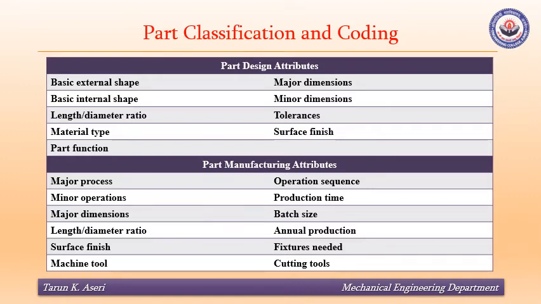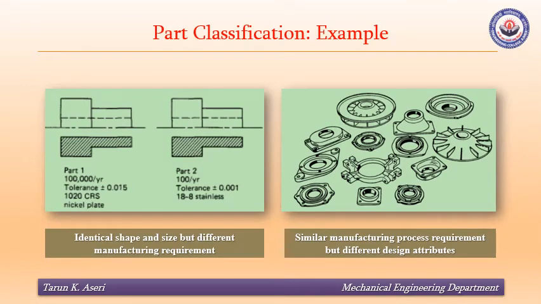Let's have an example so we can understand things easily. Here is an example of part classification. In this figure, both parts look similar, with identical shape. Part 1 requires 1 lakh items per year. Part 2 requires only 100 items.